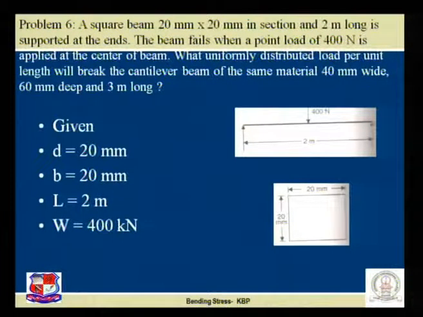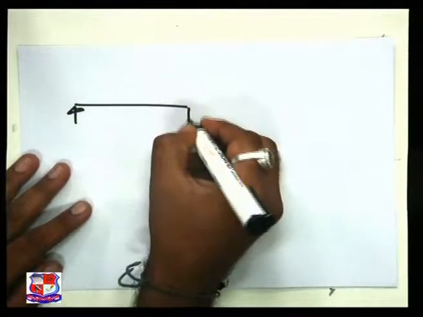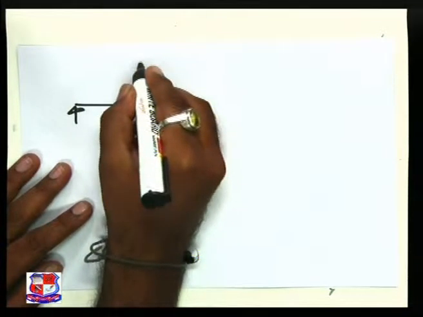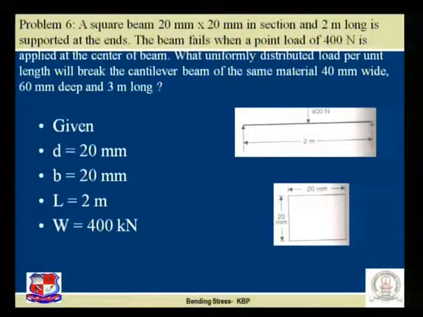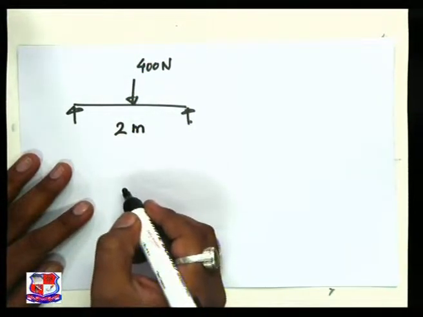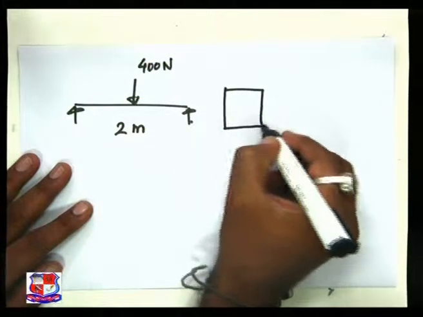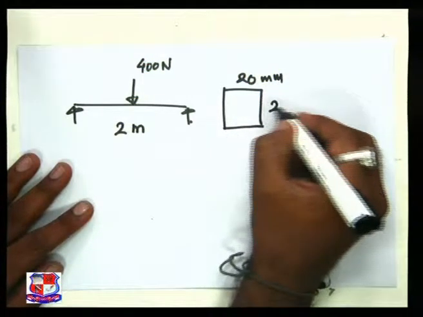Let us come to this tabletop. The simply supported beam which has been given to us has been told that at a certain load, specifically 400 Newton, it will fail, and the length is 2 meter, and the cross section is square, 20 mm by 20 mm.